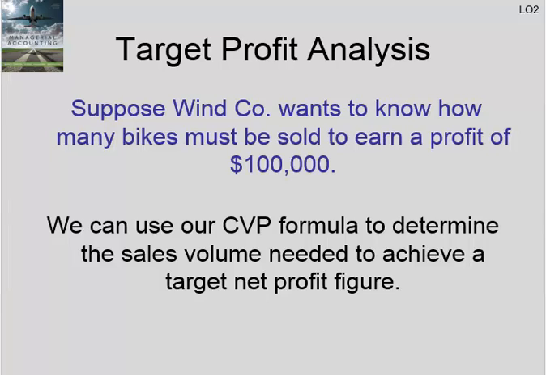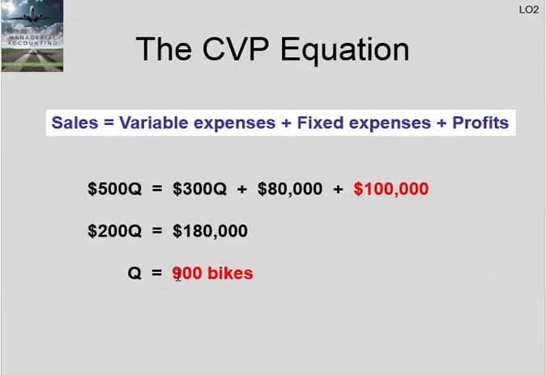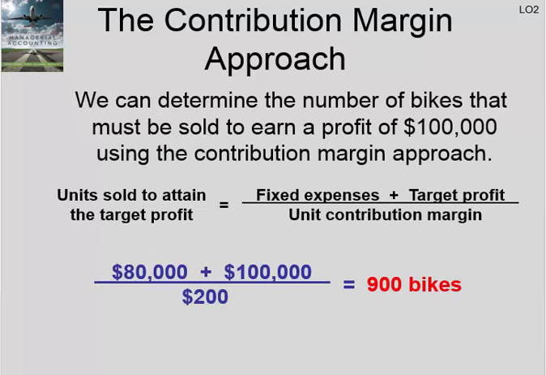Basically, it allows us to answer the question of how many bikes we have to sell to earn a profit of $100,000. We can use the equation method. Again, we'd solve and get a quantity of 900.